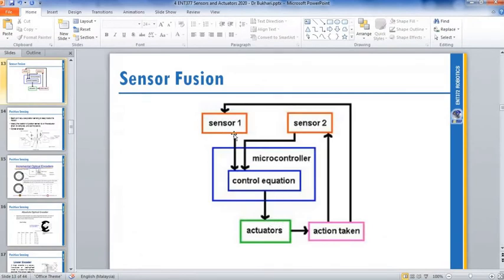And then the sensors go to the microcontroller. You have a control equation, maybe a sensor fusion equation, and then it instructs your actuator to move. And then the sensor will measure again. Maybe this is an encoder sensor, or maybe this is a laser sensor. Then it goes back to your controller.